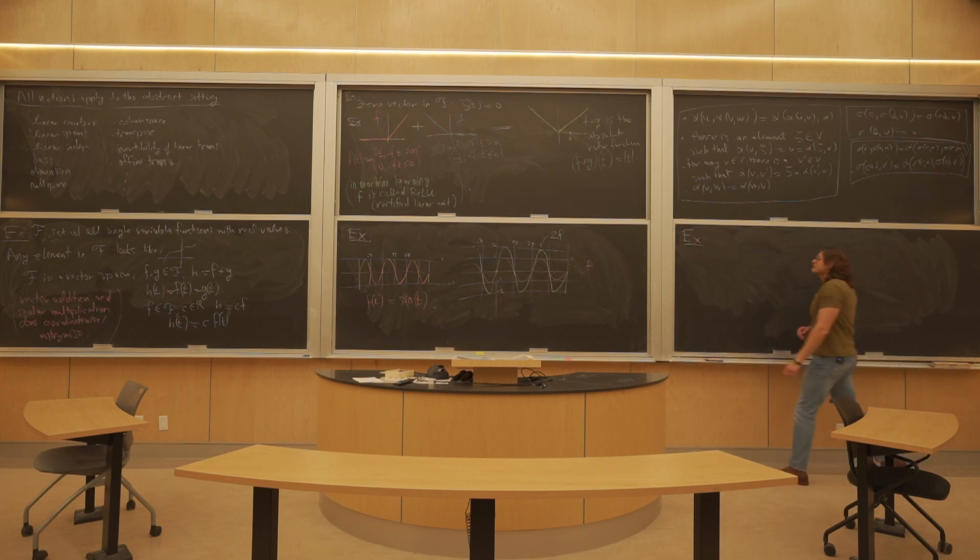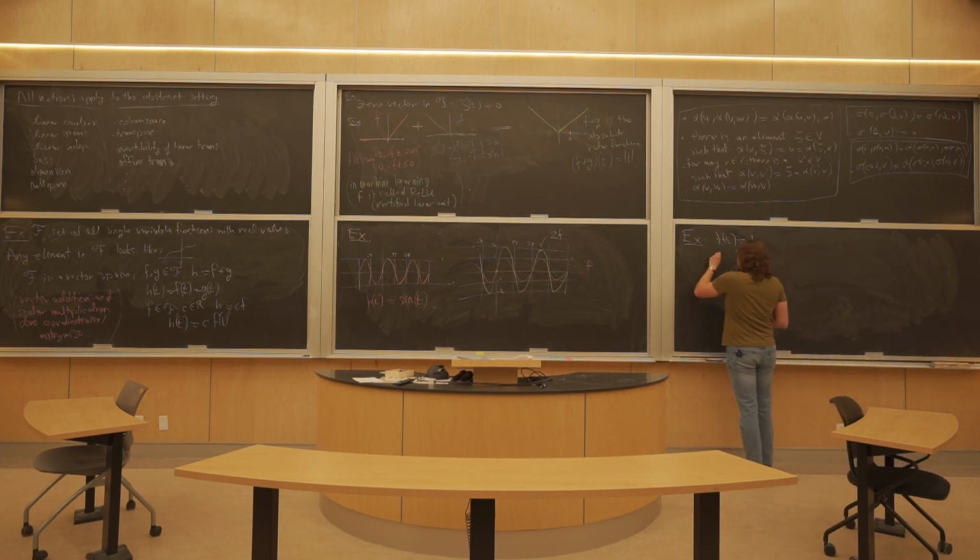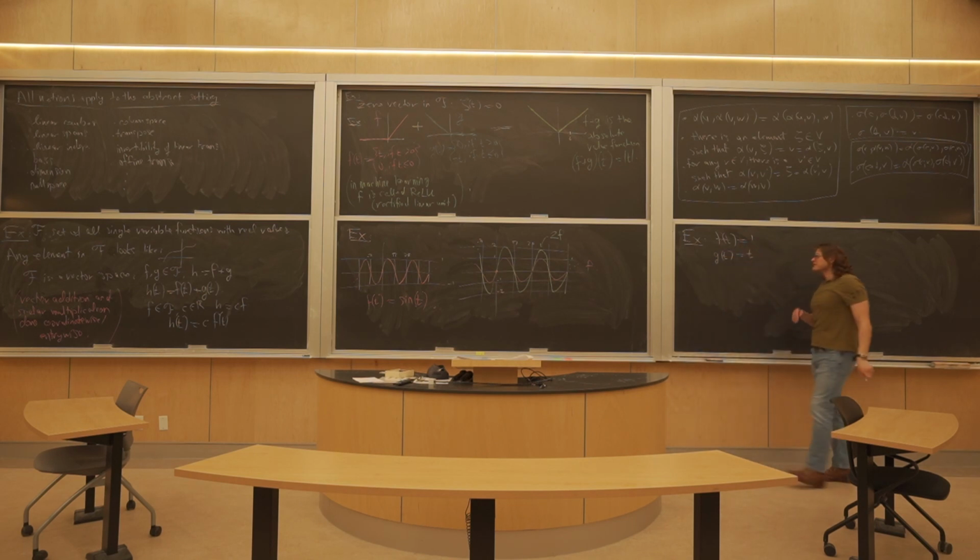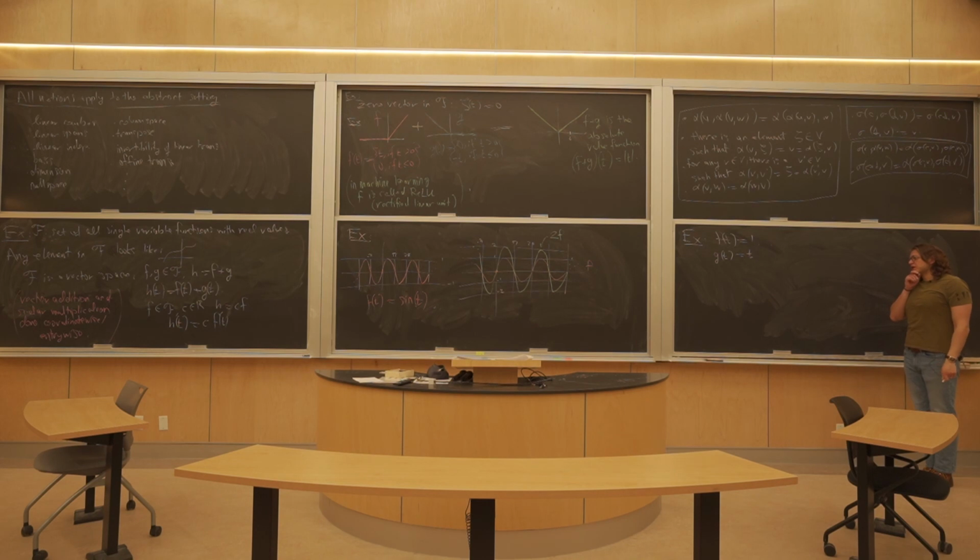Let's say that I have f of t equals 1. This is just a constant function that is constantly 1. It's a constant signal, if you want. And g of t is t. My claim is that f and g are linearly independent. They are vectors.